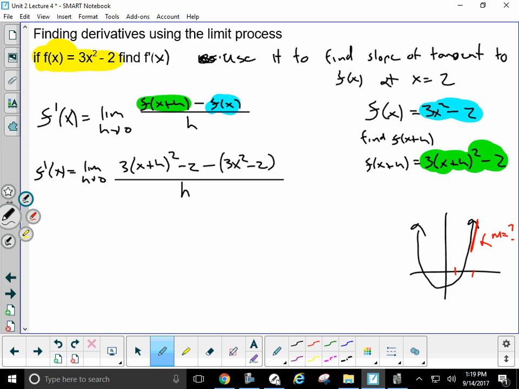Now, did you subtract f of x like this and use parentheses? Because we're subtracting this entire f of x, so please subtract the entire f of x or you're going to make a mistake.